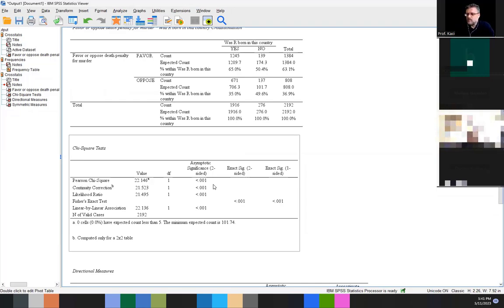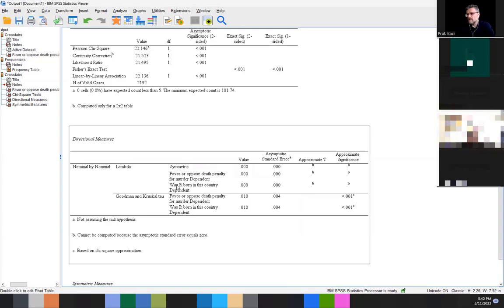When we reject the null hypothesis, we accept the alternative hypothesis and say that we have sufficient evidence to say that these two variables are dependent on each other. So knowing whether somebody is born in this country can significantly predict whether or not they favor or oppose death penalty. Let's move on to the lambda.